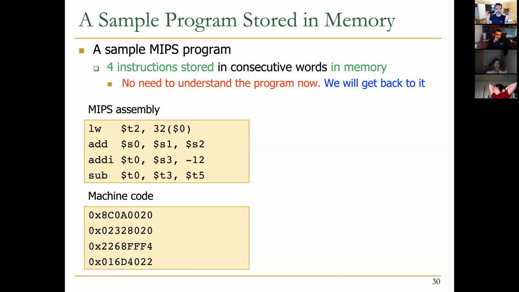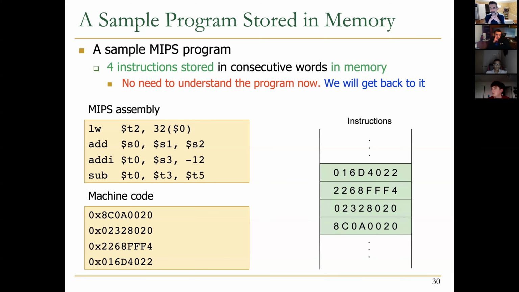For add, you have 2 operands, S1 and S2. You add them and put the result in S0, and so on. These are some instructions in assembly language that we will discuss later on.